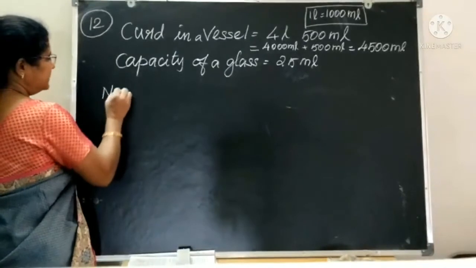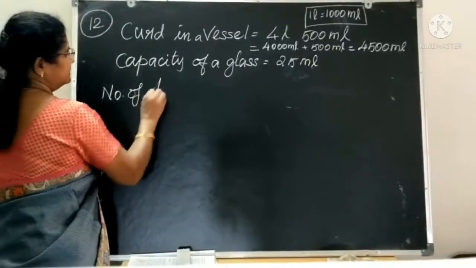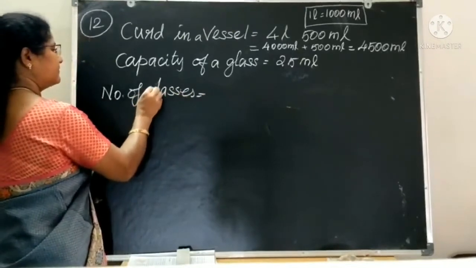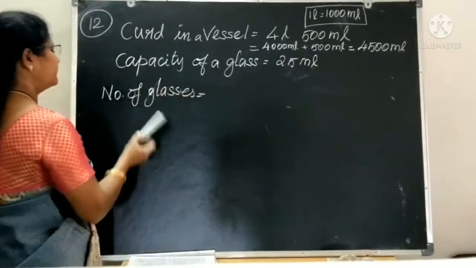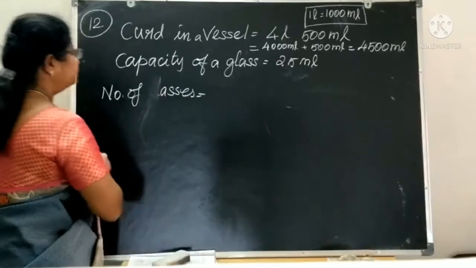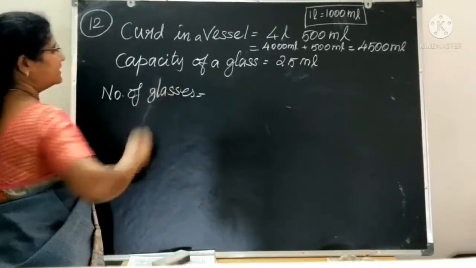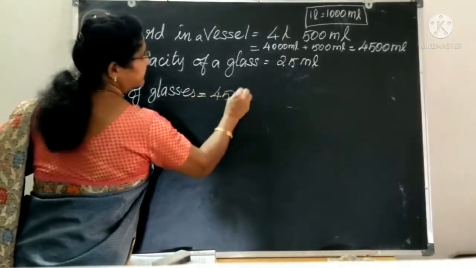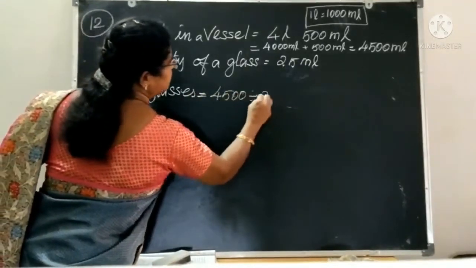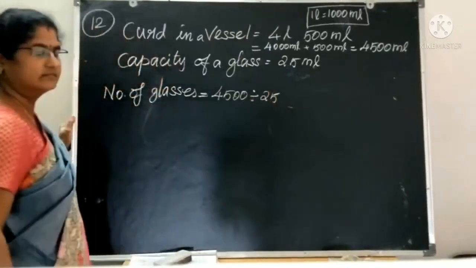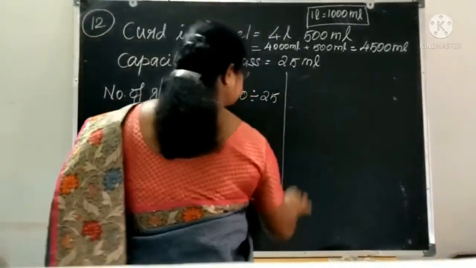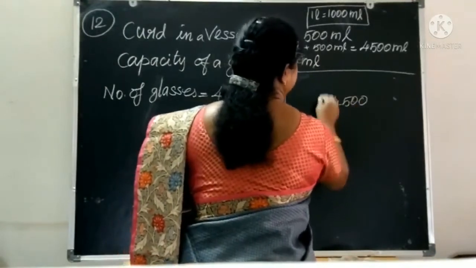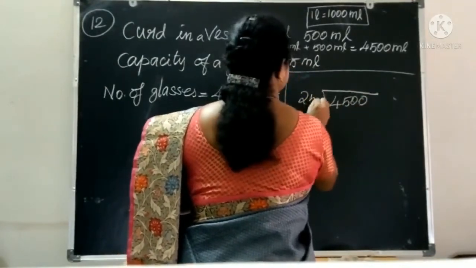Now find the number of glasses. 4500 divided by 25.